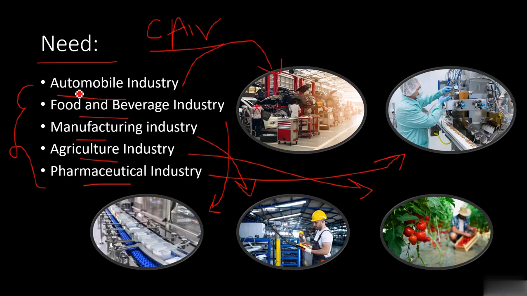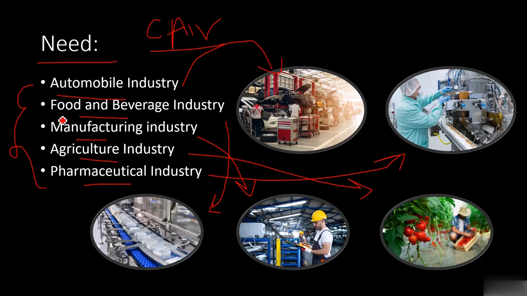Like we are taking the example of the automobile industry, for pneumatic tools. What do pneumatic tools do? During the assembly of automobiles, pneumatic tools are used, and for that compressed air is required. Hence we are saying that the compressor is needed in the automobile industry.